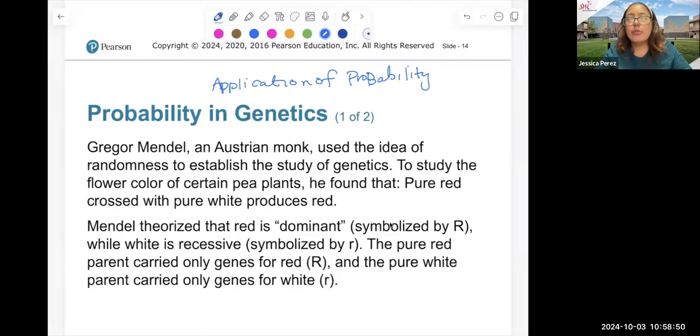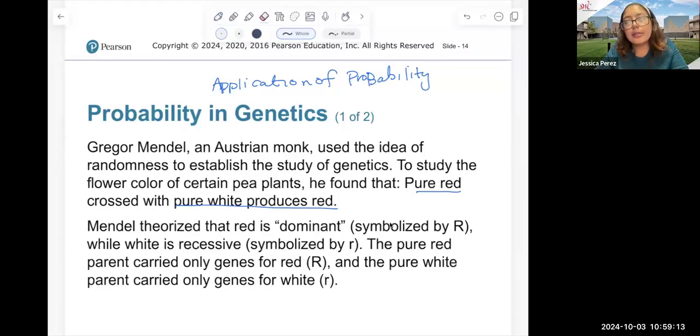To study the flower color of certain pea plants, he found that pure red crossed with pure white produces a red. So let's say you have a pure red mixed with a pure white. It will still produce a red.